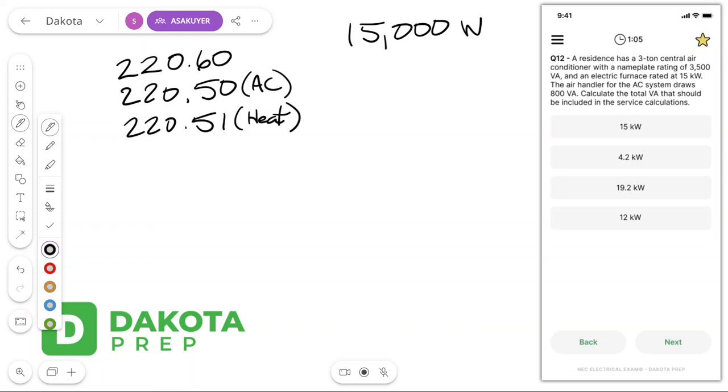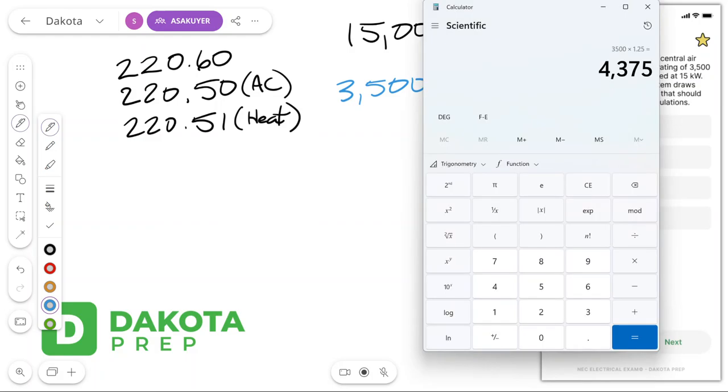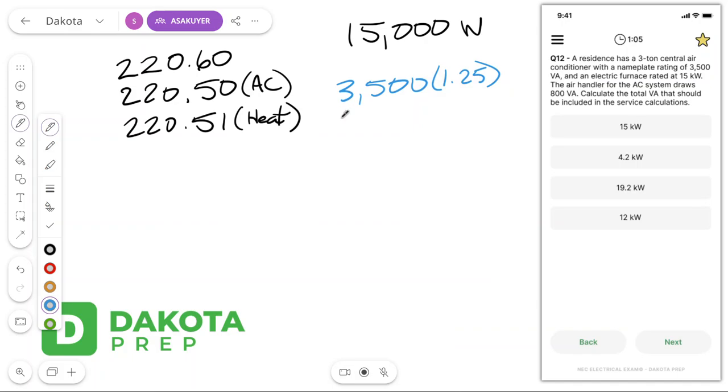So in this case, I want to make this a different color. So AC, it's gold, right? Blue makes sense. So 3,500 is our largest load. We need to apply this 125% demand factor to that. So it's actually a little larger. So we plug this into our handy trusty calculator, and it tells us we get a total of 4,375 volt amps.